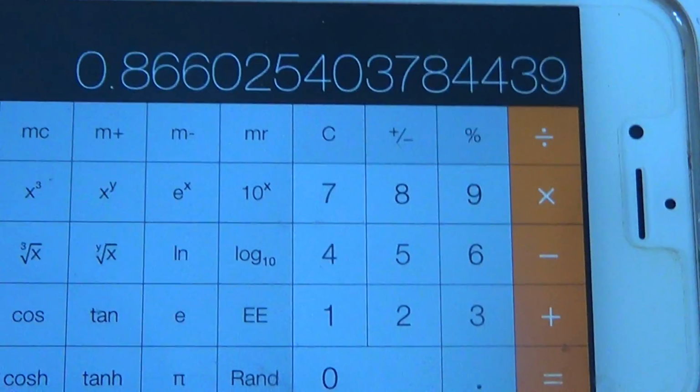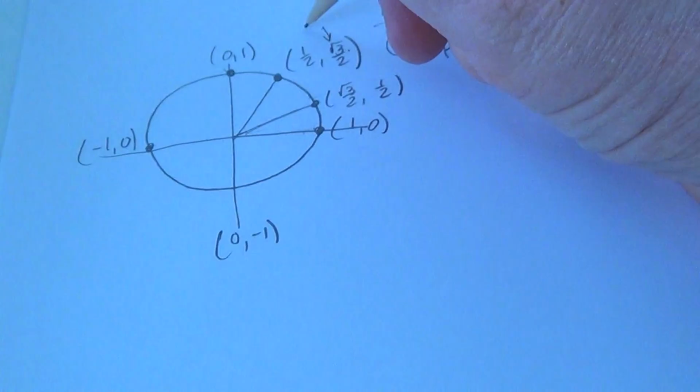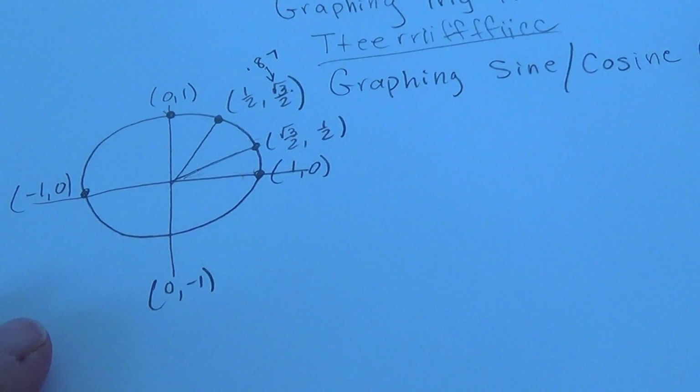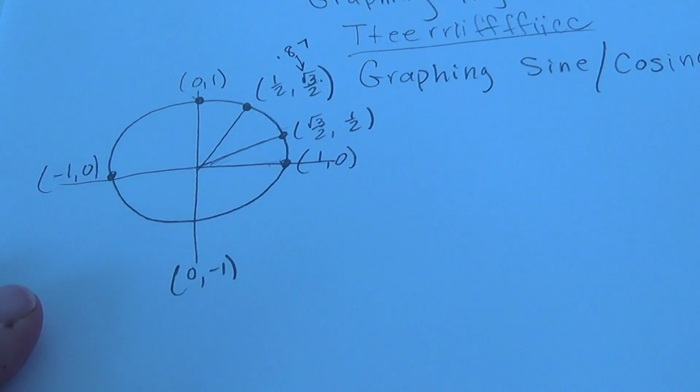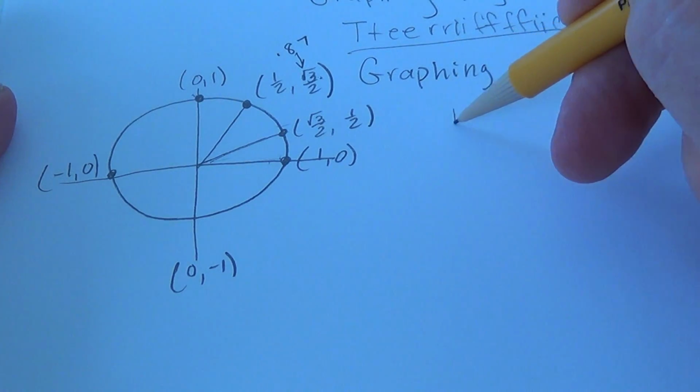I get 0.87, we'll say. So this is 0.87. That's what square root of 3 over 2 is. It's about 0.87. So that'll help us today. We normally don't need to know that.